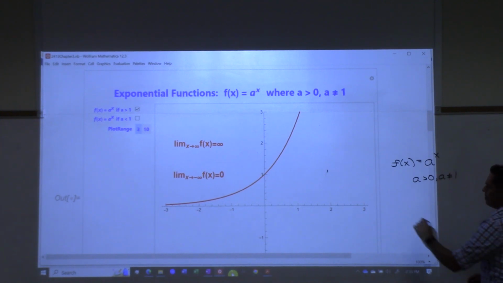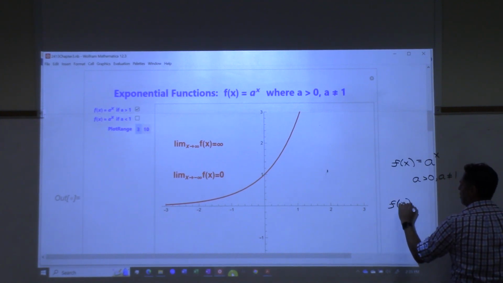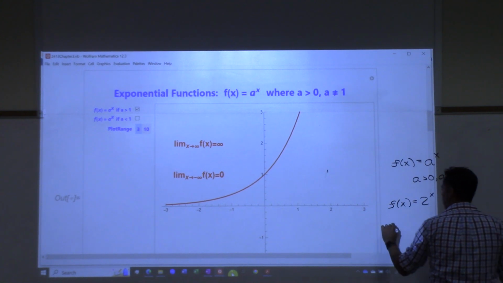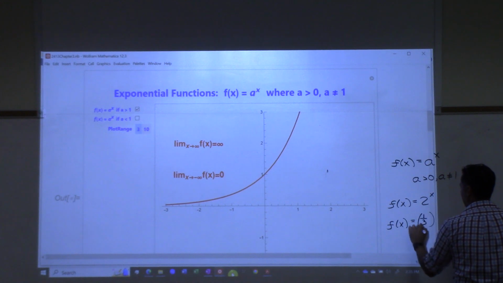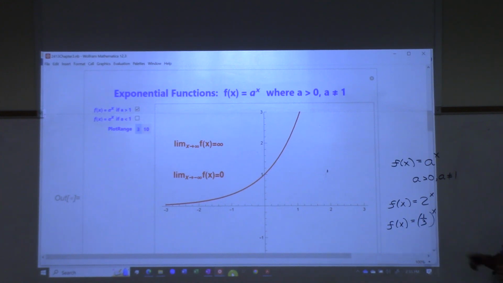So examples of this were things like f of x equals 2 to the x, or maybe f of x equals 1/3 to the x. The idea here is that your variable x is in the exponent, not in the base. And the base is a number, and that number has to be positive and it can't be 1. And those are called exponential functions.